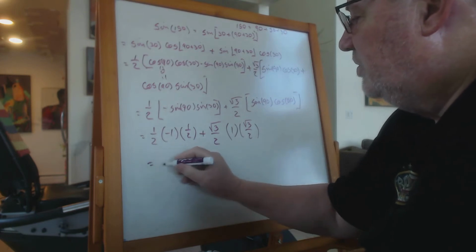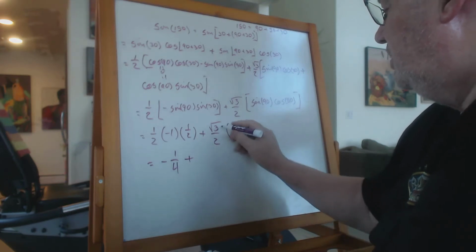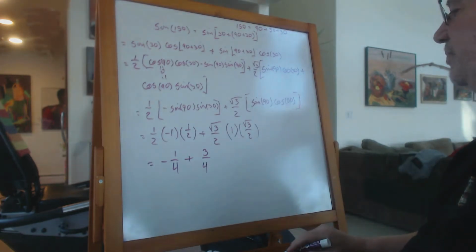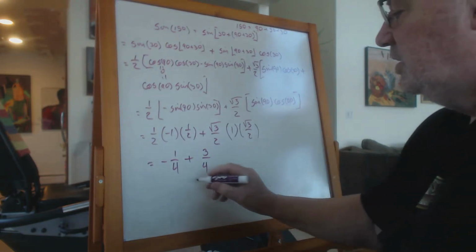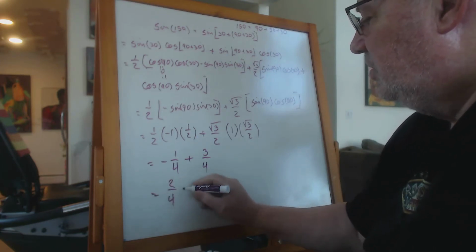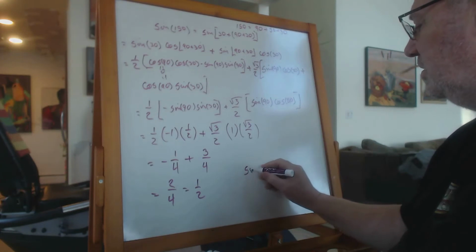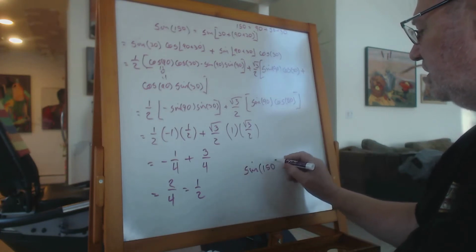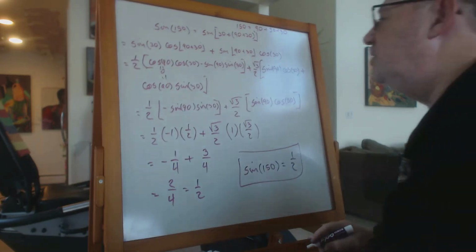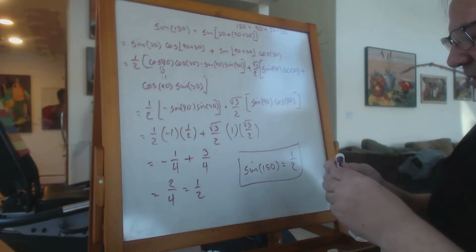So we have -1/4 plus 3 on 4, and this is equal to 2 on 4 equals 1/2. So sine of 150 is equal to 1/2, and that is a little bit cumbersome when you use the double angle formula.